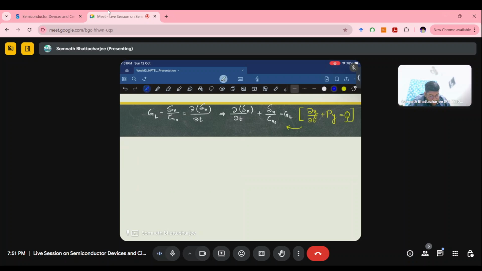Here P is nothing but 1 by tau n naught. Now we'll use the integrating factor equation. First we need to find the integration of P dt. That is 1 by tau n naught, a constant value, integrated over t, giving t by tau n naught. So this is the factor we need.